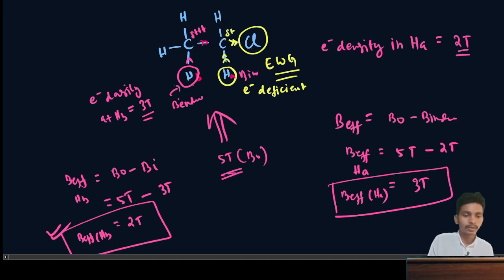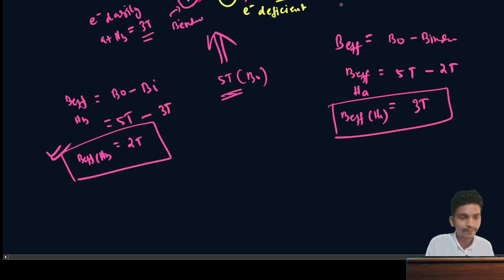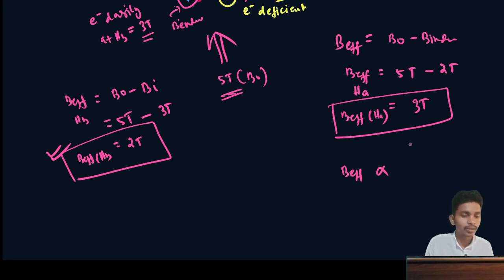Okay, so this B effective is directly proportional to chemical shift, or the precessional frequency.